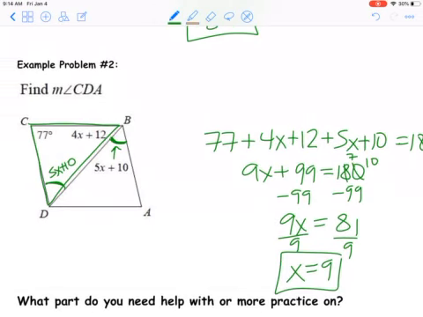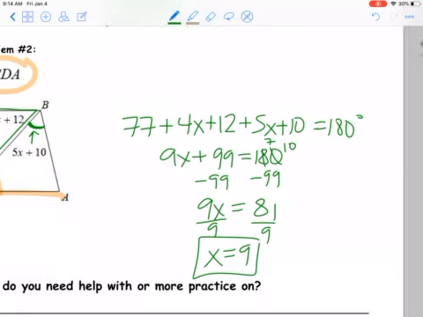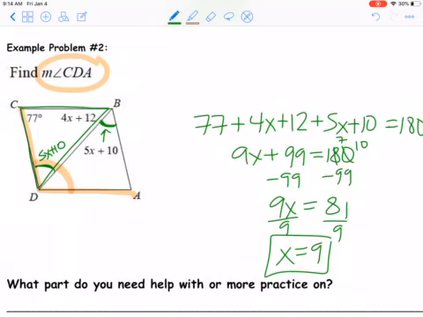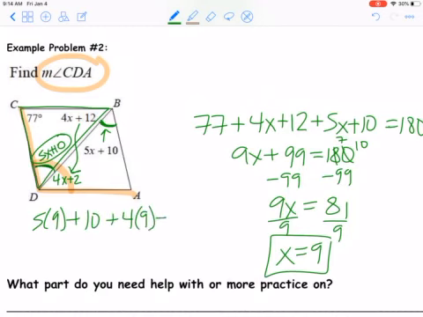And they want you to plug it back in to get angle CDA. So how you find this angle, CDA, means you want this whole thing. So we know that this one is 5x plus 10, and then we know this one is the same over here, so 4x plus 12. So 5x plus 10 and 4x plus 2 equals angle CDA.